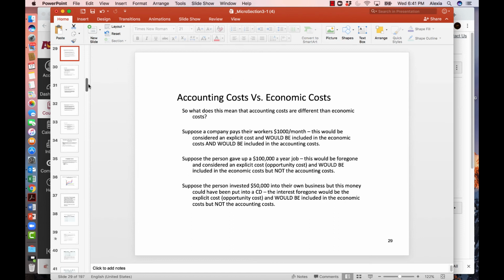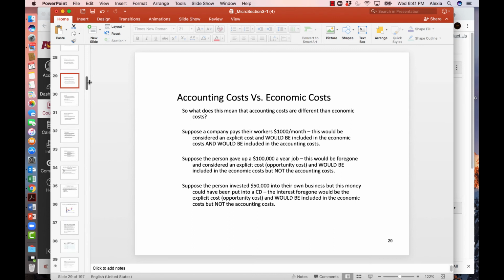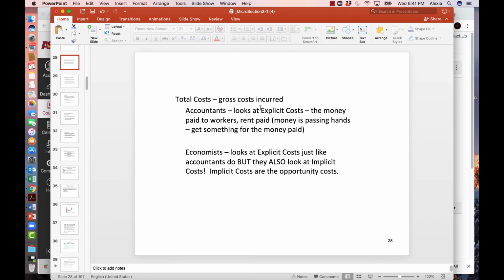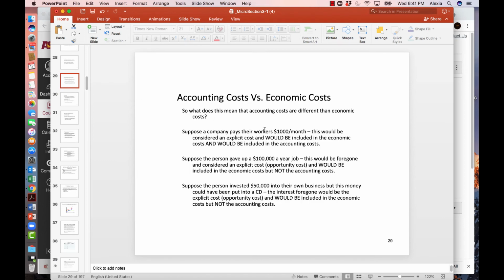However, the difference is how economists define the costs. Though the formula is identical for accountants and economists, there's a slight difference in how they interpret costs. The big difference is that economists, remember, their main goal is to understand why people do the things they do.